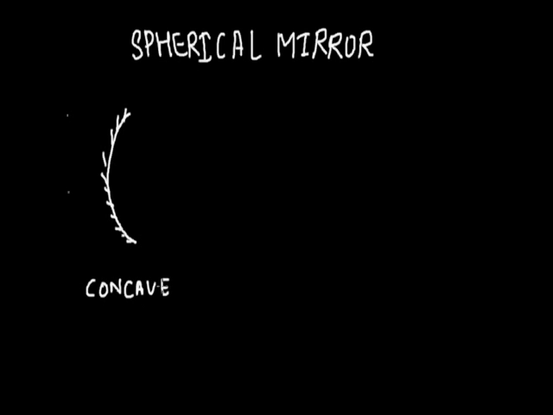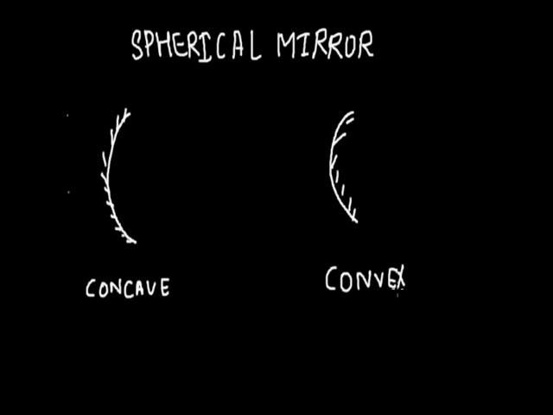And if we have a similar shape but the interior part is the polished part and the bulged out surface, that is this surface, is the reflecting surface, then we have the convex mirror.